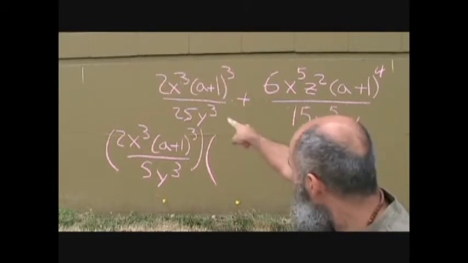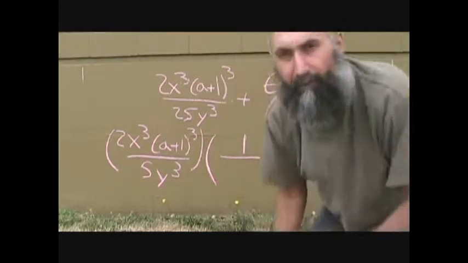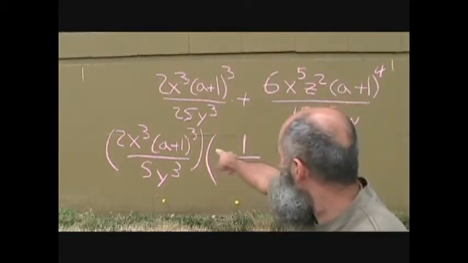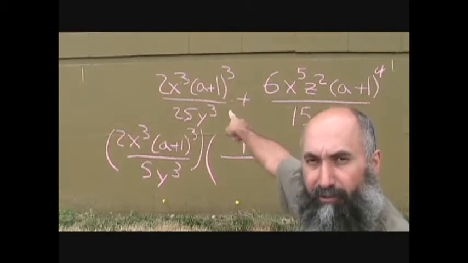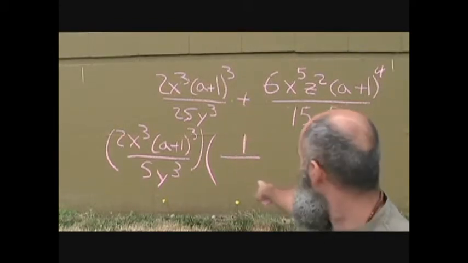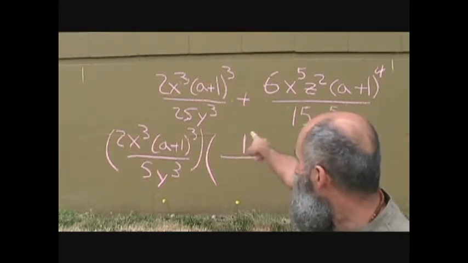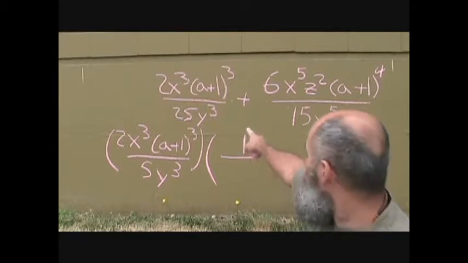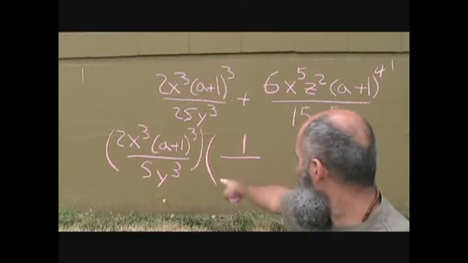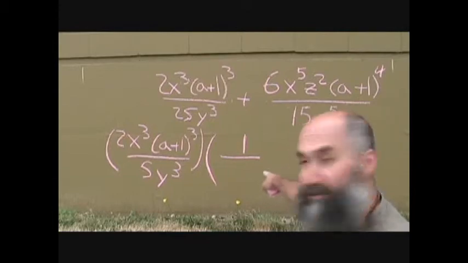Because everything's there that we need it to be, right? Agreed? All you do is take that and multiply by 1, and you have the first term, the numerator up top there. For the denominator, we have 25y cubed. That's what we need to create, right? We have 5y cubed, so all we need in the denominator here is just a 5.